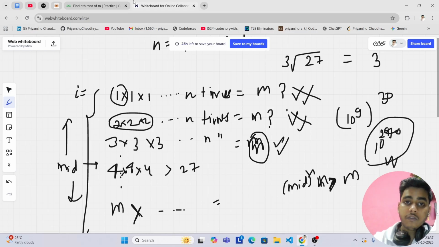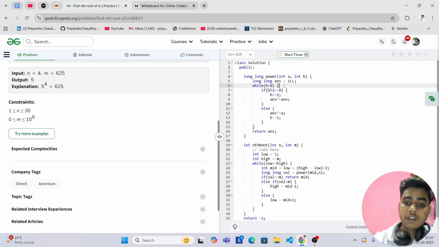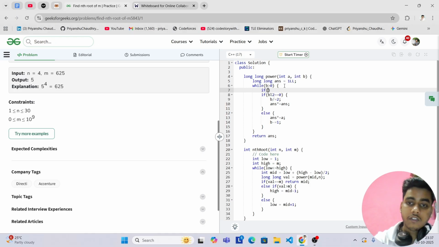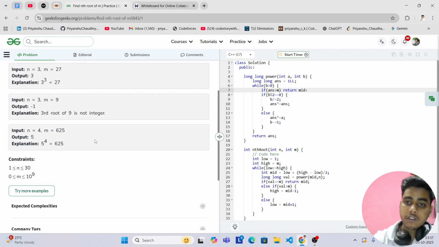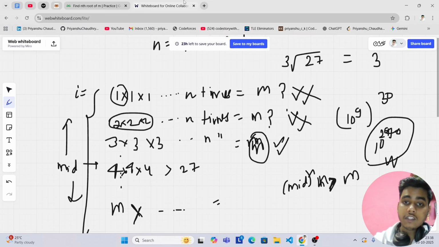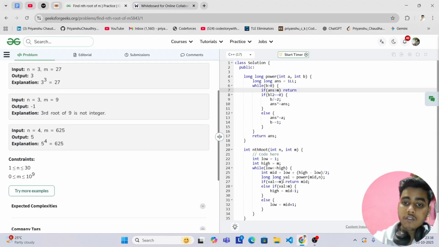So I will say that whenever I am multiplying, and if my answer exceeds m, I can just simply say that return this, what do we say here, mid plus 1, or I can just say that return, it means that it is exceeding m, it means the answer is backward.